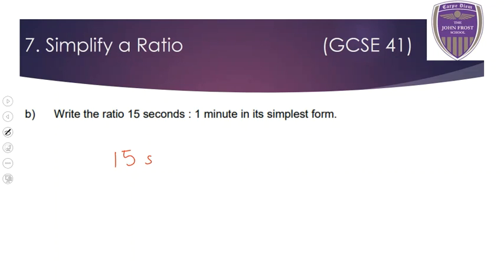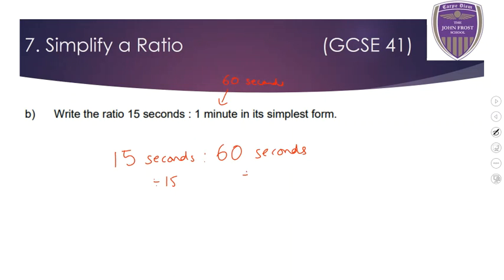So I'm going to keep the 15 seconds as they are. And we all know the 1 minute is 60 seconds, or I hope we do anyway. So instead of writing 1 minute, we write 60 seconds. Now we can do the simplify. So biggest number possible that goes into both of those. Most people would try 5 first of all, and that's fine if you want to do that first, but the biggest number is 15. 15 goes into both.